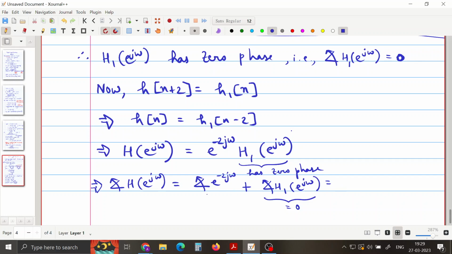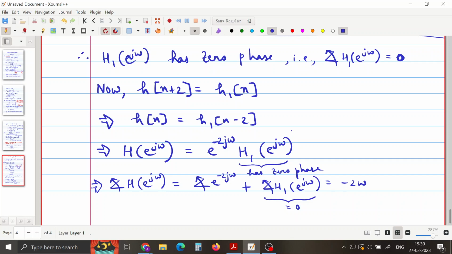What is the phase of this e power minus 2j omega, first term? I am asking about what's the phase value of this term, highlighted in red. It is minus 2 omega. Yes, it's minus 2 omega. So it is minus 2 omega plus 0 is nothing, so it's minus 2 omega.